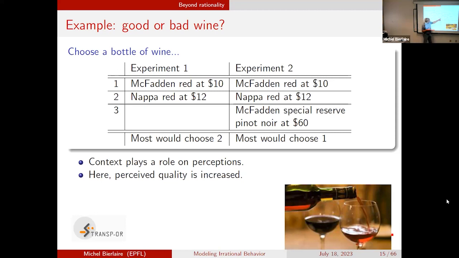But if you now include a new alternative, like the McFadden Special Reserve Pinot Noir at $60, then the perception of people will change. They say, this guy is making reserve wine at $60, so the wine must be good. So if he makes good wine, maybe this is a good deal. And again, this will change. So it's not really a decoy, but you change the perception of the alternatives by doing this. And again, this is something that classical utility theory fails to predict, and that has to be taken into account, again, the perception in this case.